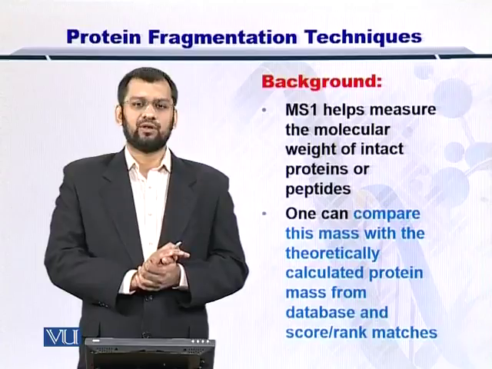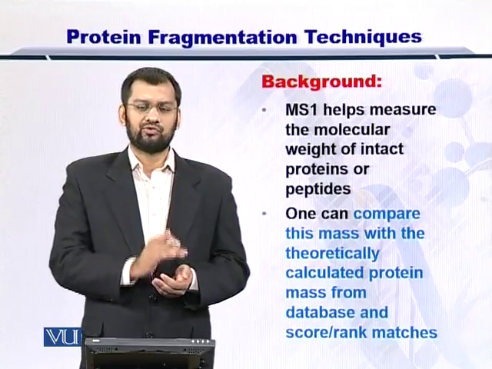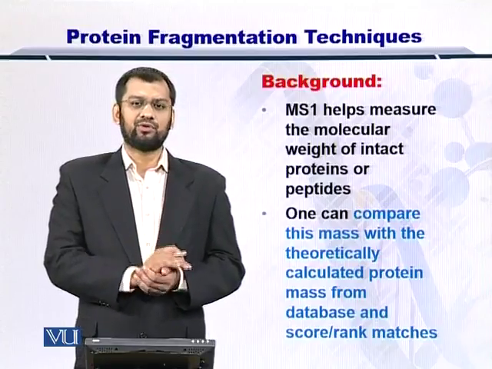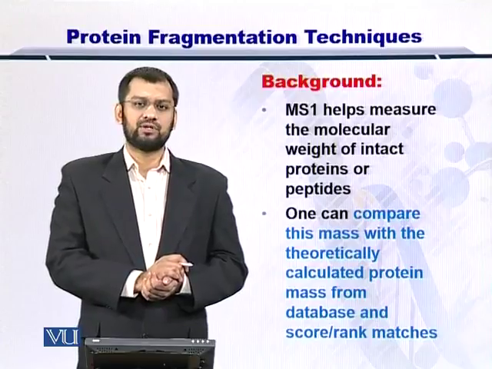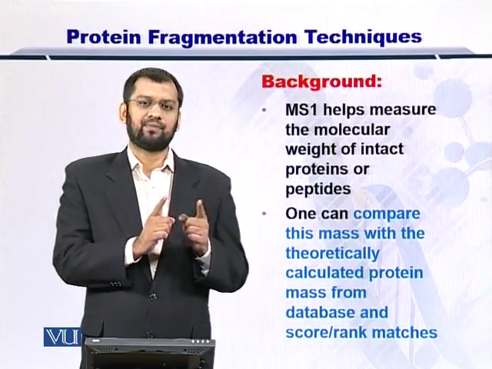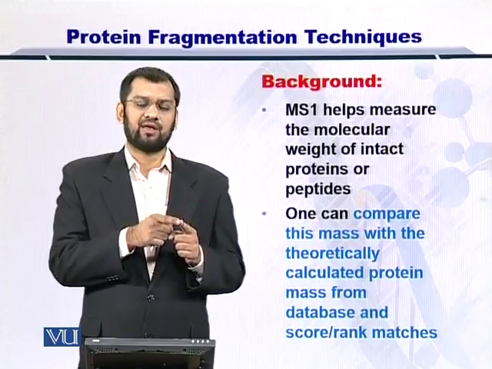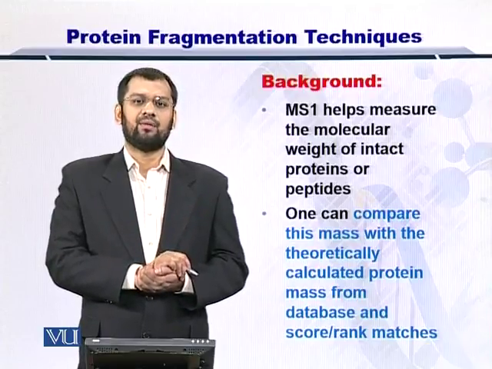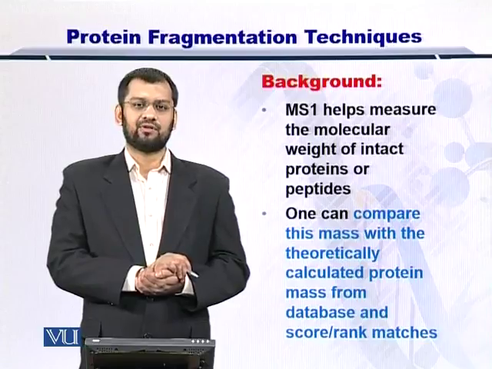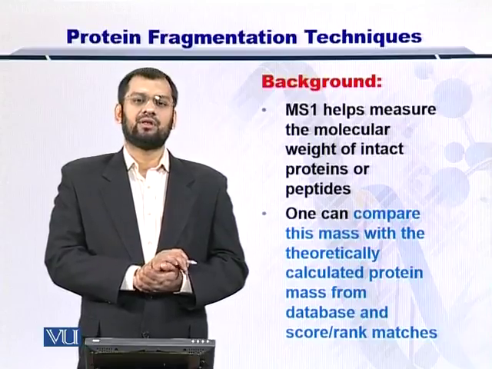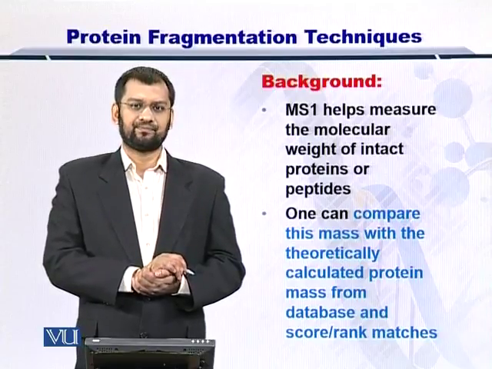Of course, one step will be to score and rank the proteins in proportion to the difference between the intact mass from MS1 and the intact mass from the database. But still, in some cases, this is not the final solution.